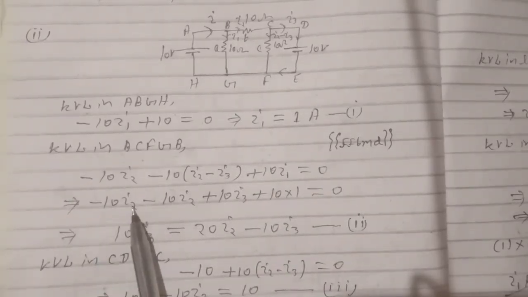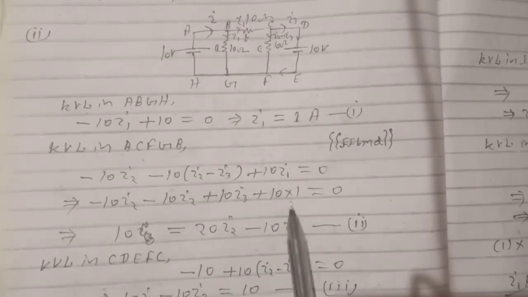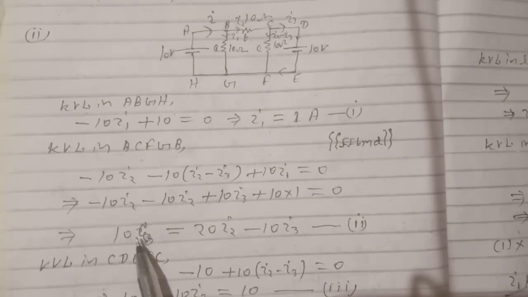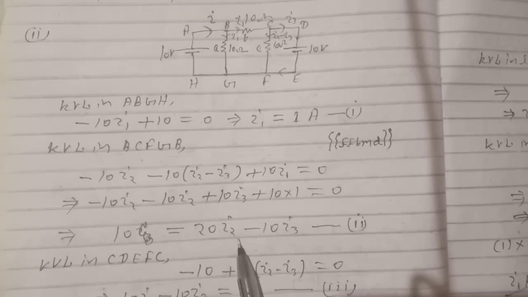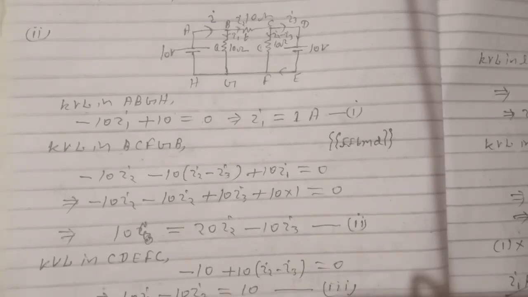This implies minus 10 I2 plus 10 I3 plus 10 into 1 equal to 0, or this implies 10 equals to 20 I2 minus 10 I3. This is equation 2.